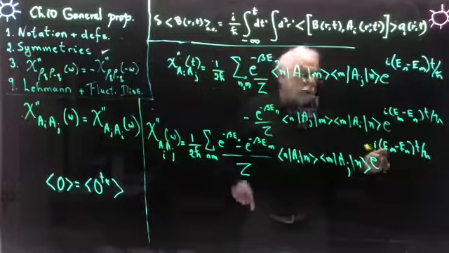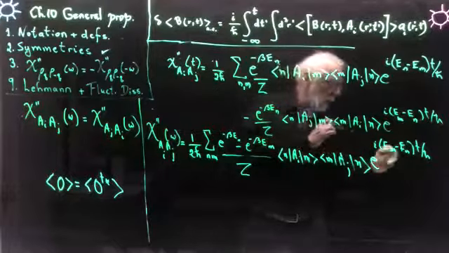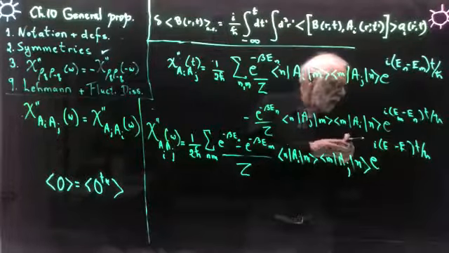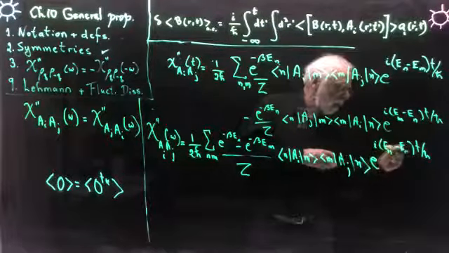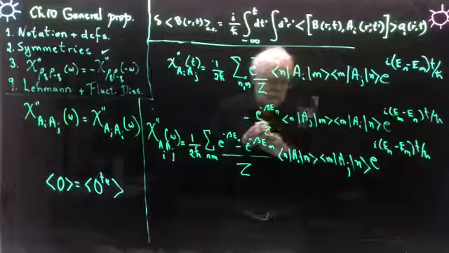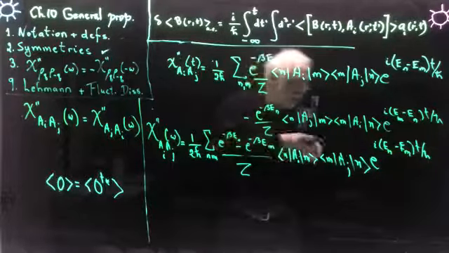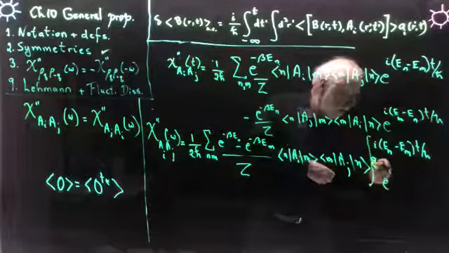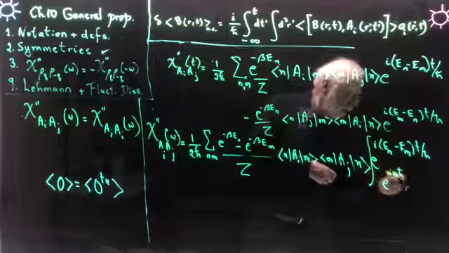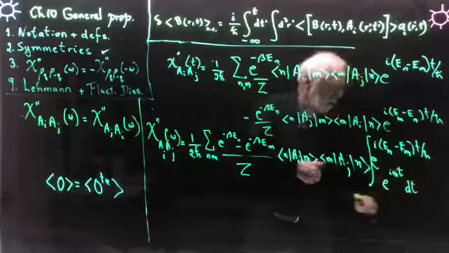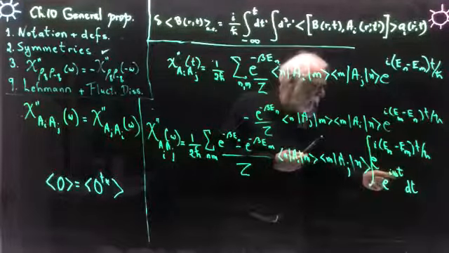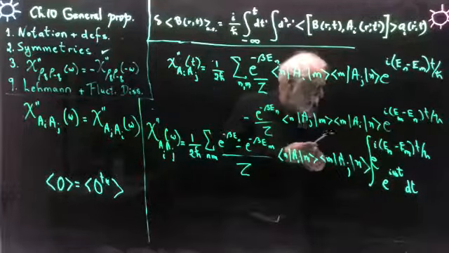I just get a delta function of this, right? And here it should be this, E_m minus E_n. Okay, so when I take the Fourier transform, this is just the integral of e to the i omega t dt. So what is this? This is delta of omega minus (E_m minus E_n) over h bar.